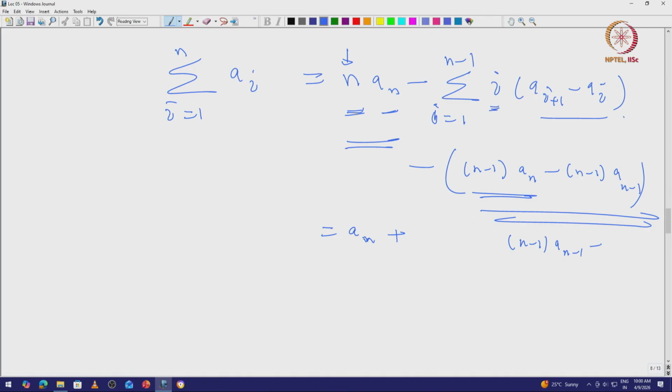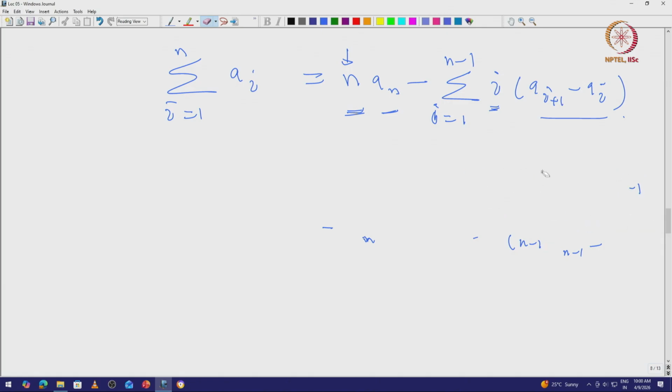From this n minus 2 a_{n-1}'s would have been subtracted and you will be left with one copy. So, in this way you can see that right hand side is same as left hand side. So, this is called the summation by parts formula, Abel's formula.